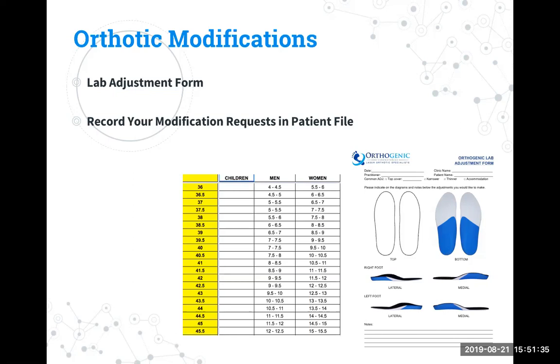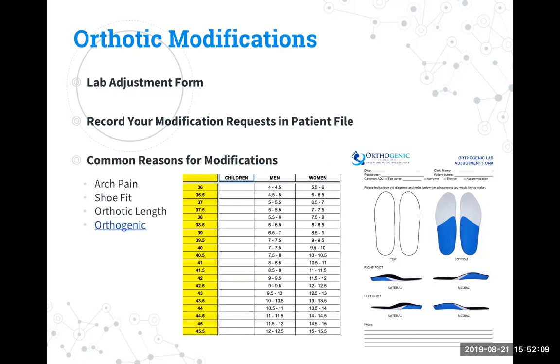Maybe the arches were too aggressive and we had to reduce the arch or something. That's why with my own patients, I'll record the modification I made. If you're using the iPad scanner, just simply write it in the patient notes. That's fine. Otherwise, keep it on file for any reorders that you do for those patients. And you won't run into that issue where they get it back and the same problems are occurring again from the first unmodified pair that they got with you.